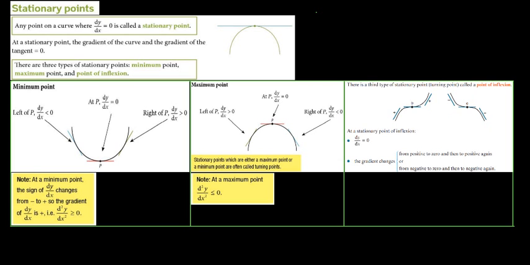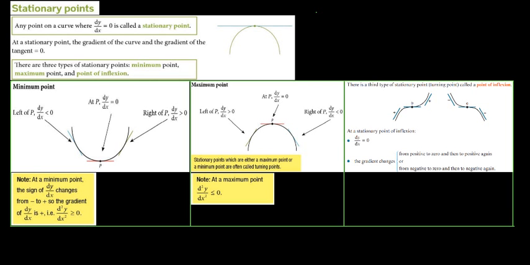Now, what is a minimum turning point and a maximum turning point? Now, the question is, how will you determine whether the points are maximum or minimum points? At a minimum point, dy by dx changes from negative to positive, and so the gradient of dy by dx, that is d squared y by dx squared, will be greater than or equal to 0 at the minimum point.